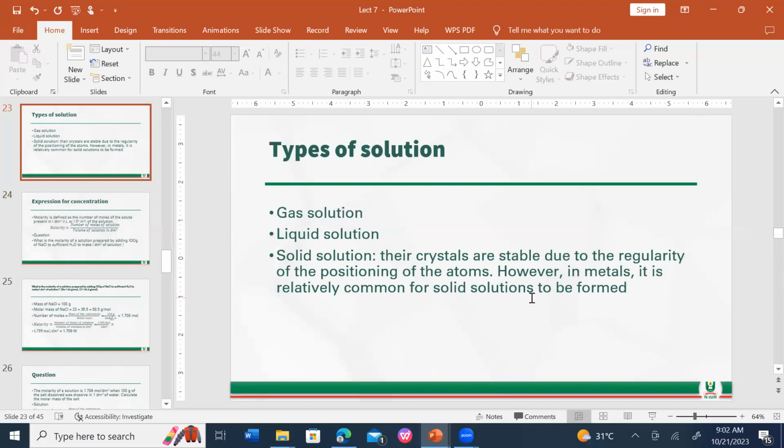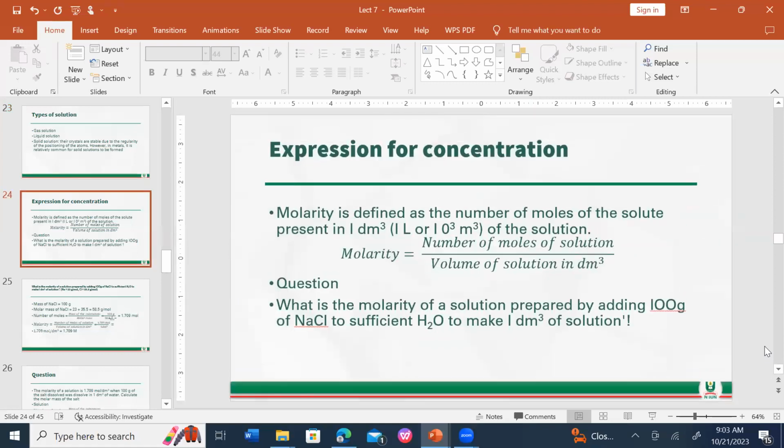When you go to kinetic theory of gases, you will find out that atoms in solids are more ordered than in liquids or gases. However, in metals it is relatively common for solid solutions to be formed. So it is not uncommon. The only metal that is liquid at room temperature is mercury.